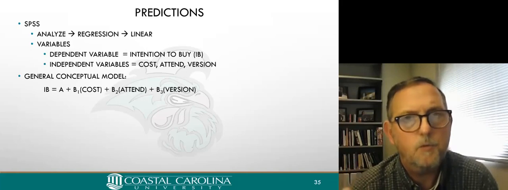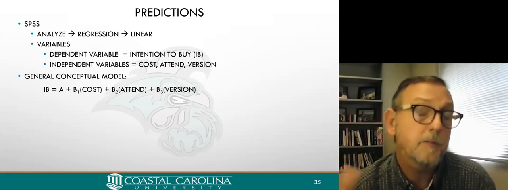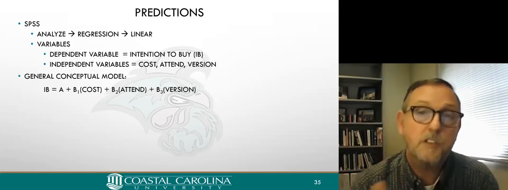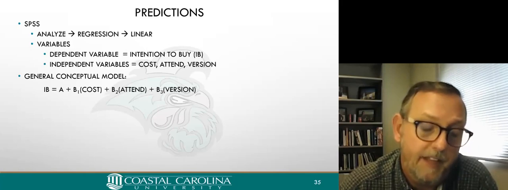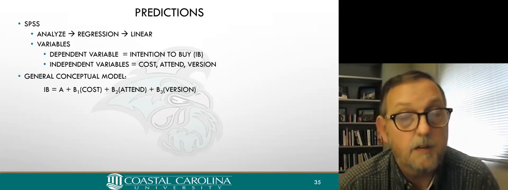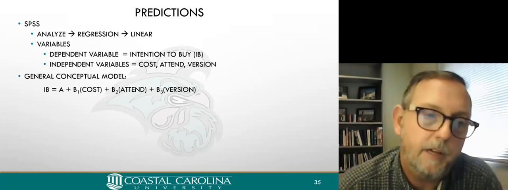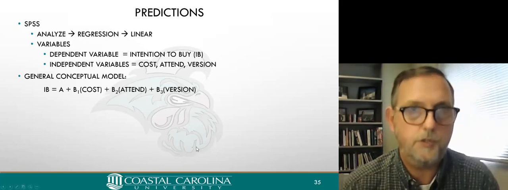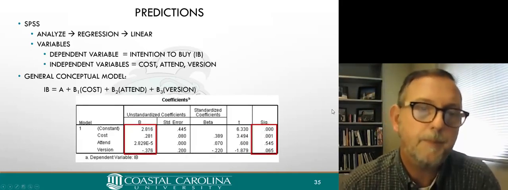The A is the constant, and B1, B2, B3 will be the betas, their coefficients, and those are the things we're going to look at specifically to see if they are statistically significant, and see what size they are and how they behave in relation to explaining the variance in intention to buy.